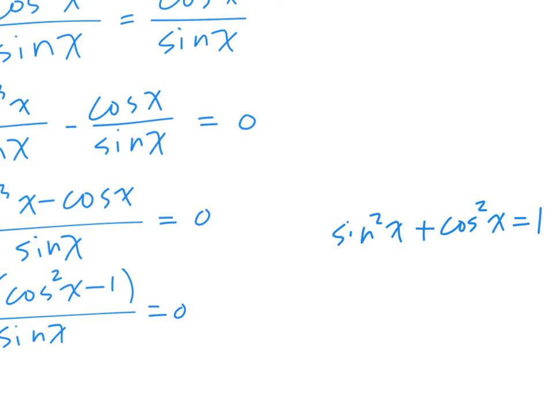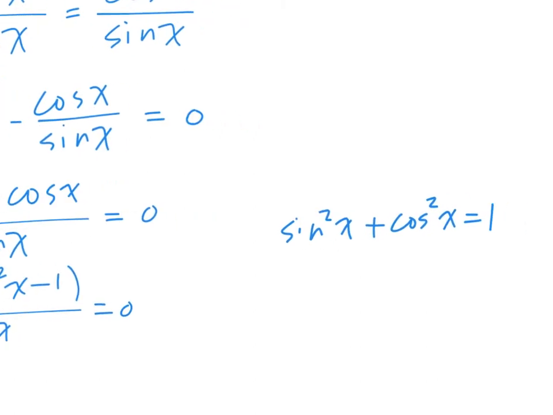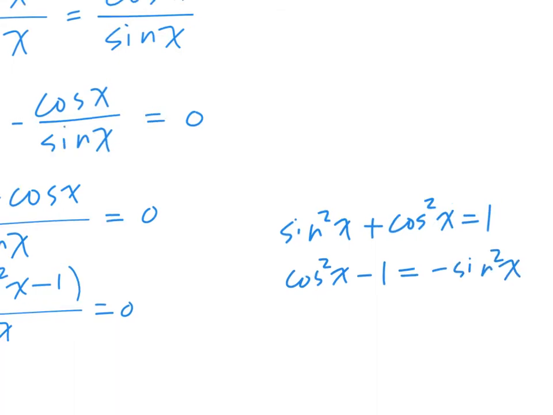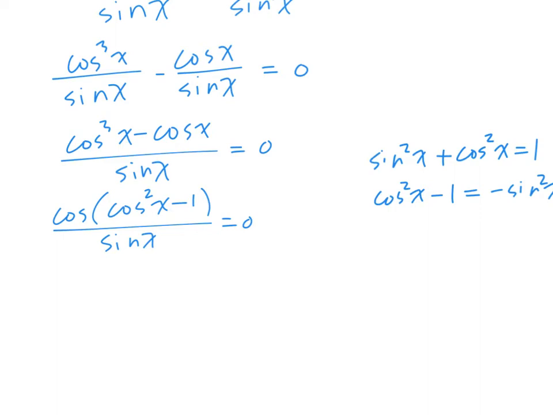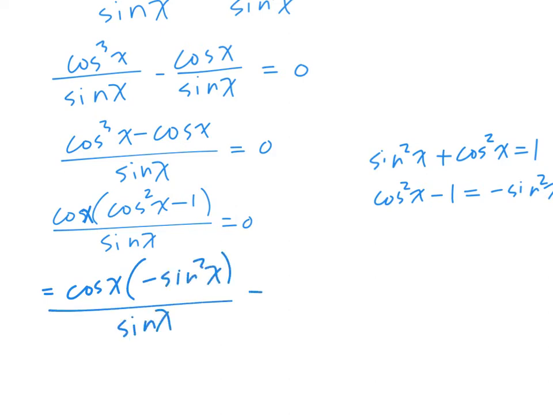Not sine squared, very close though. Negative. If I move this 1 to the left-hand side by subtracting, I have to move the sine squared to the other side by subtracting. So cosine squared x minus 1 is negative sine squared x. Sorry, I forgot an x there. So cosine x times negative sine squared x over sine x equals 0.